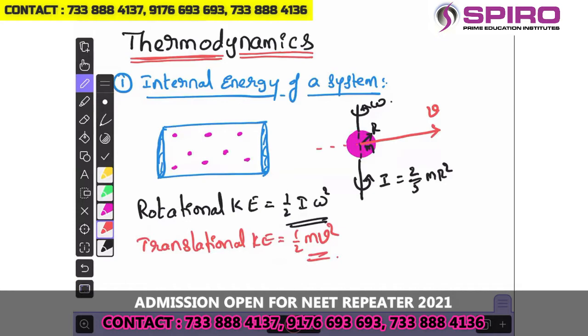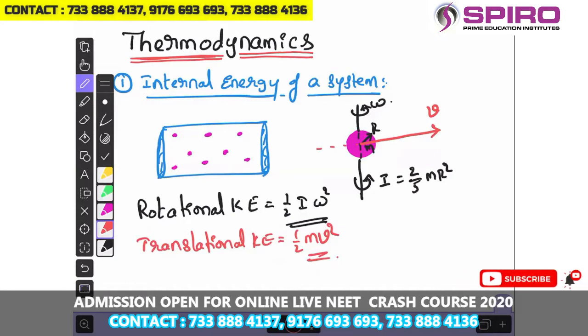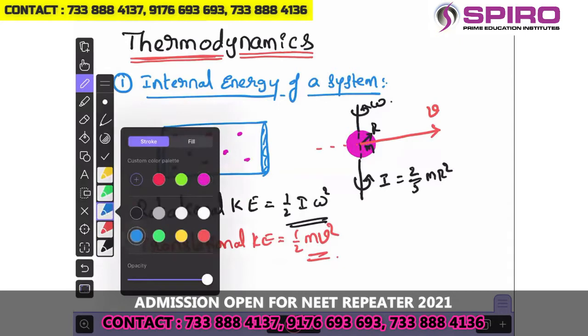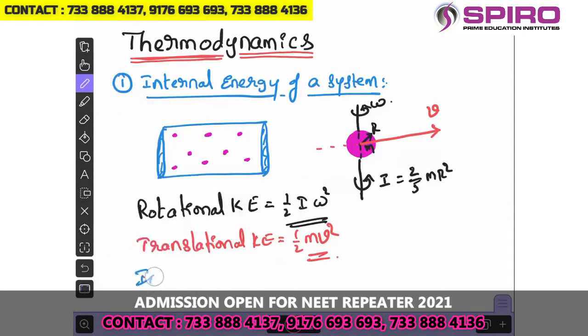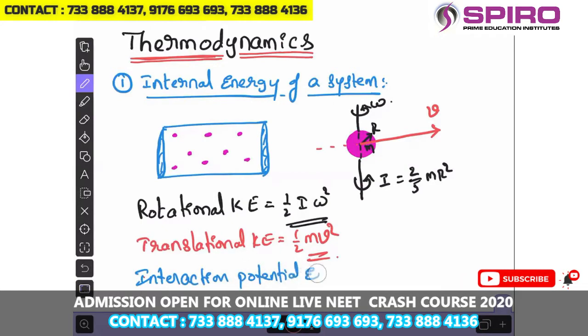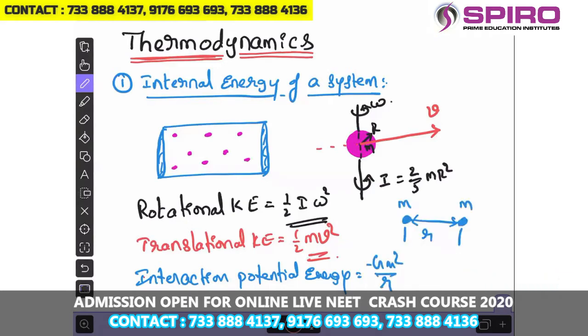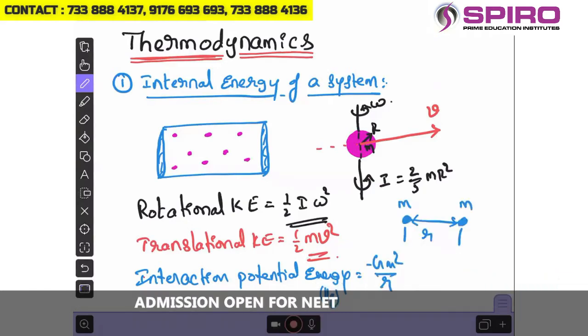Okay, and one more is the interaction potential energy. For example, if any two particles are there, there is gravitational interaction and electrostatic interaction.